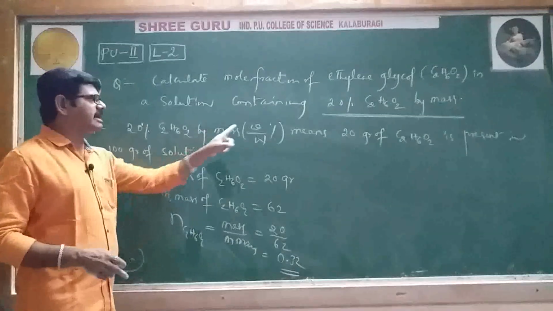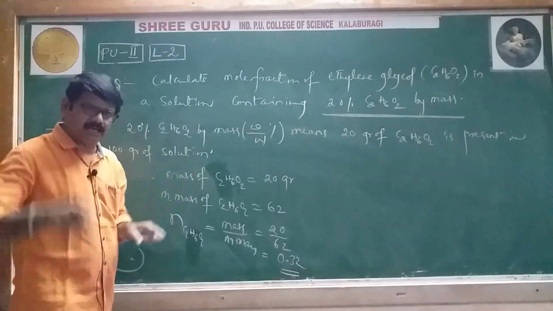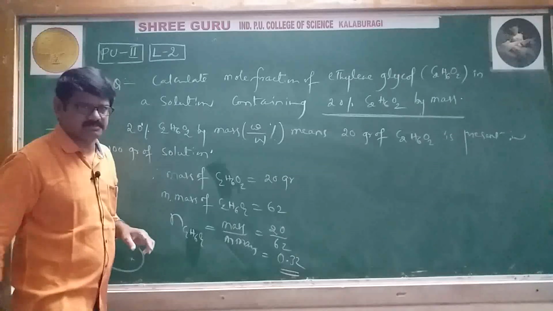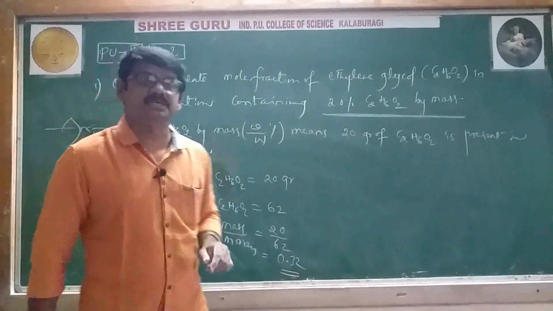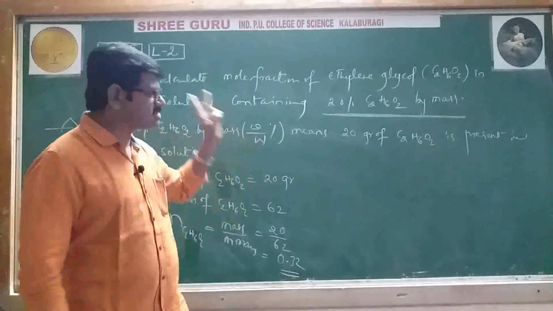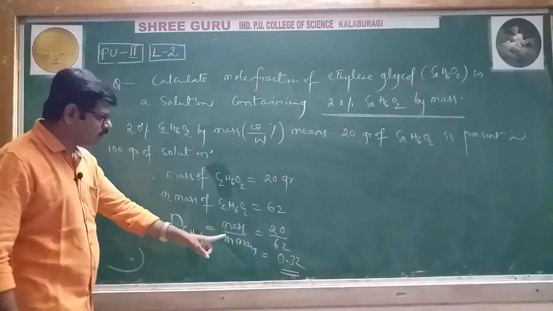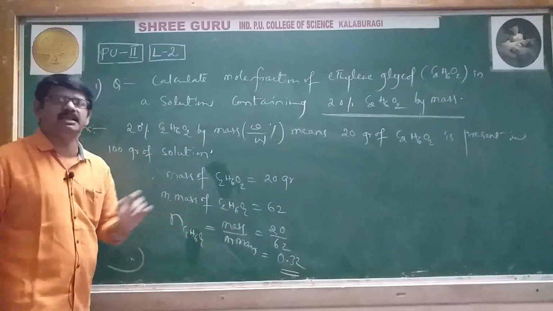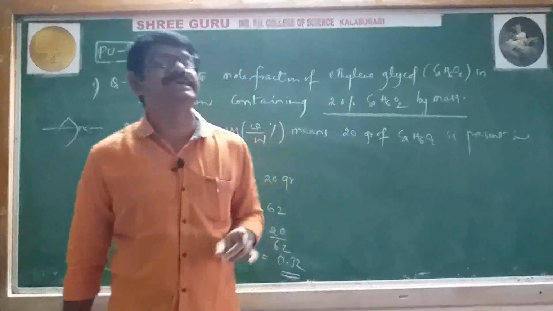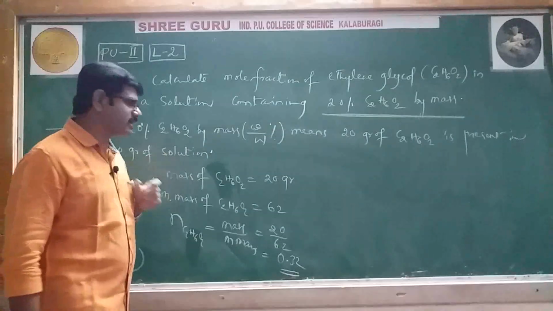20% ethylene glycol by mass means 20 grams of ethylene glycol is present in 100 grams of solution. Then what about the solvent mass? It is a binary solution, so we need the moles of two components. Till now only one component's moles are available. One more component's moles are needed.